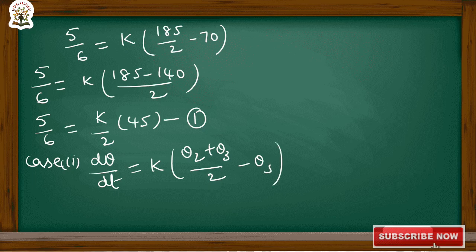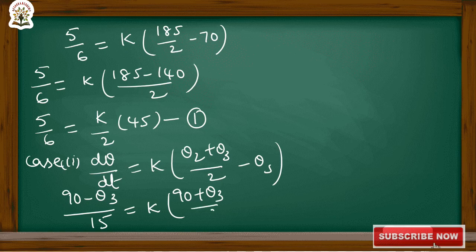Surrounding temperature, here (90 minus theta 3) by, here they give 15 minutes, is equal to k of (90 plus theta 3) by 2 minus the temperature of surroundings, they given 70.